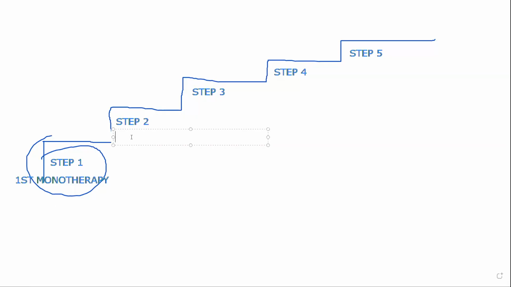You don't combine it. So step one, you start with one drug, lower dose, gradually increase until effective. If it's still not effective, you stop the first drug and you start a second drug on its own. Since it's a monotherapy, you call it second monotherapy.